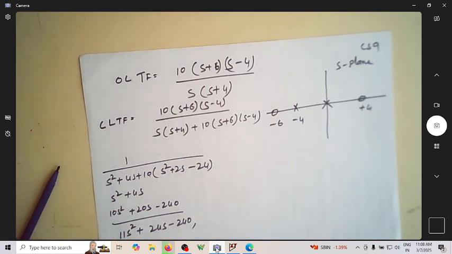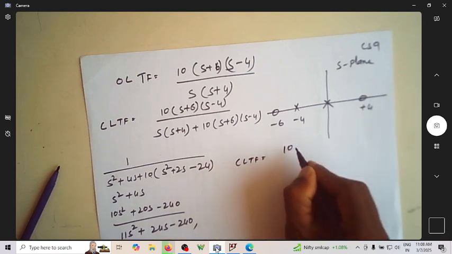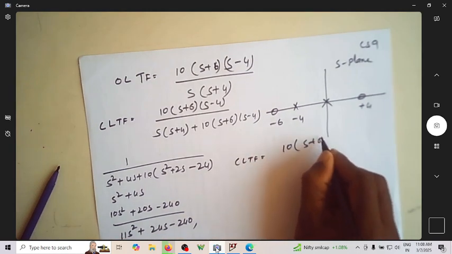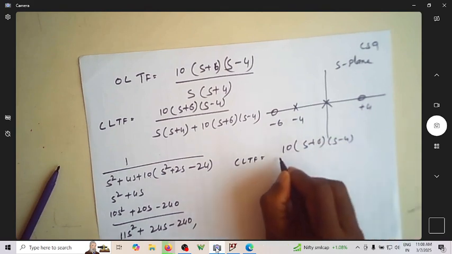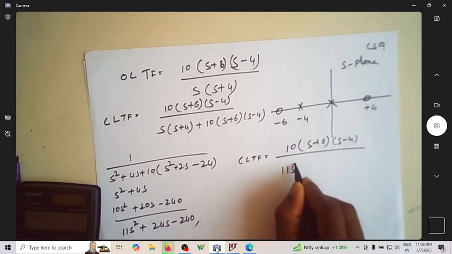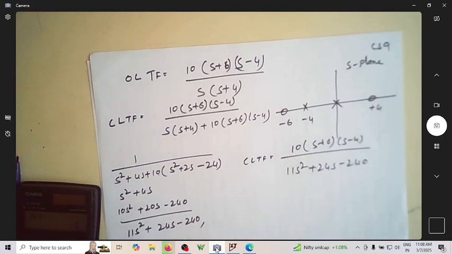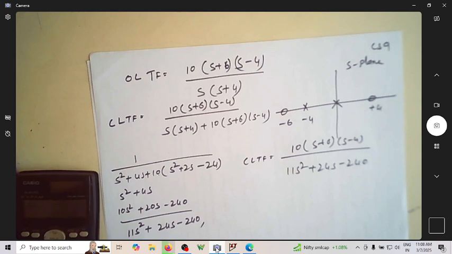If I find the roots of it, where is my calculator? My closed loop transfer function is 10 (s plus 6)(s minus 4) over 11s square plus 24s minus 240. What are the roots? The coefficients are 11, 24 and minus 240.